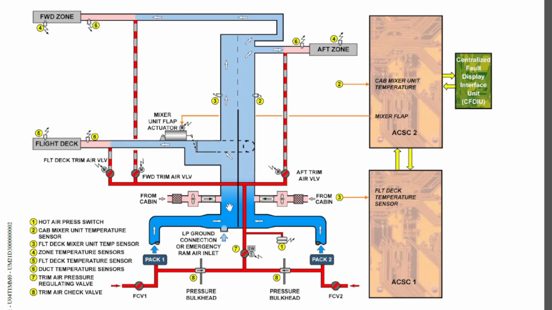And when you go further up, you will see another sort of duct arrangement here, and it's also dashed. This is basically a duct, and here you have an actuator, and you can see that it says mixer unit flap actuator. So this has a specific function as well.